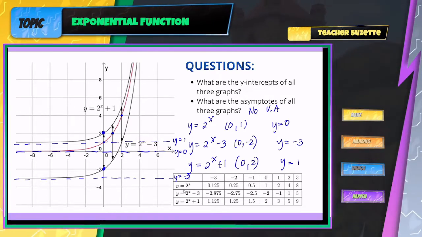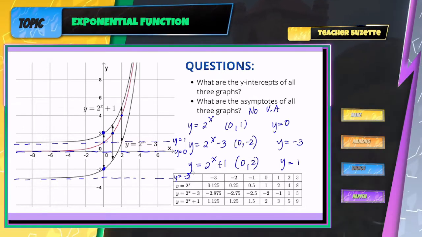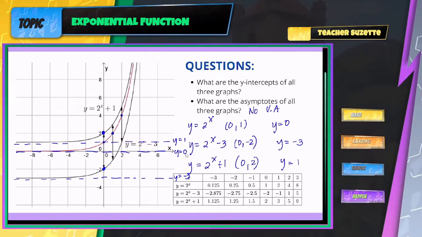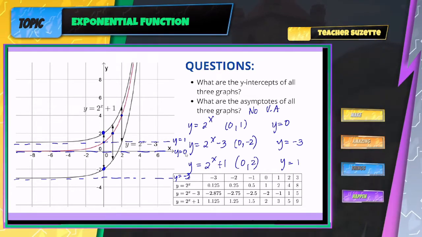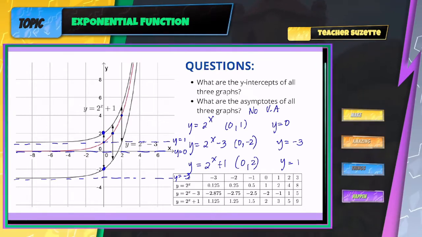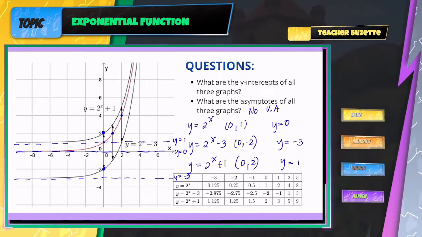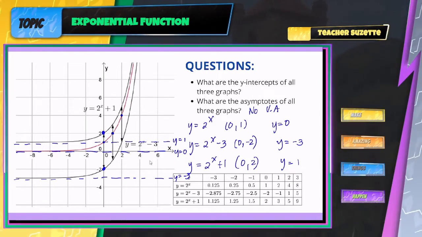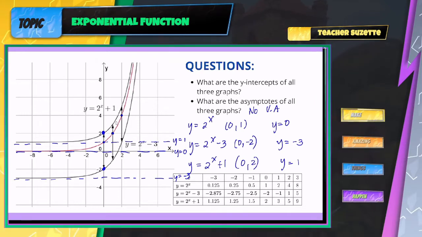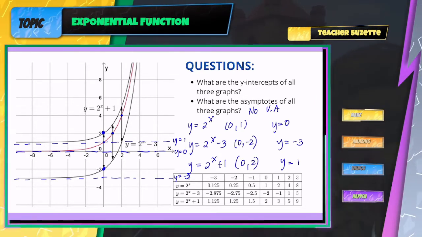While with y is equal to 2 raised to x plus 1, the horizontal asymptote shifts from y is equal to 0 by 1 unit upward. From here, we can clearly see how y is equal to 2 raised to x transforms when we add c in our form b raised to x.